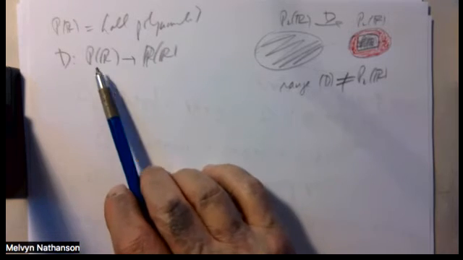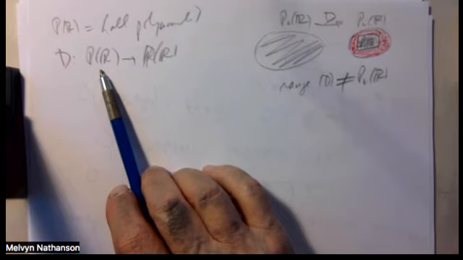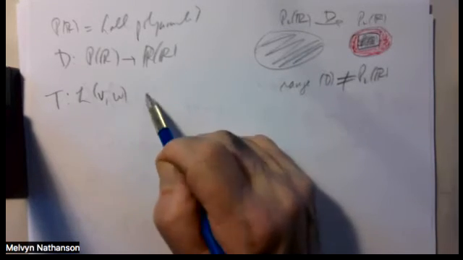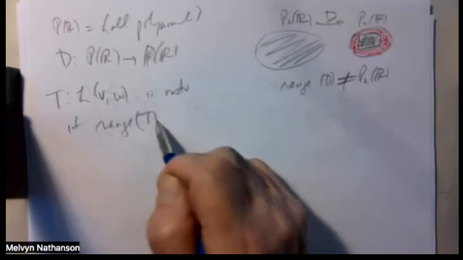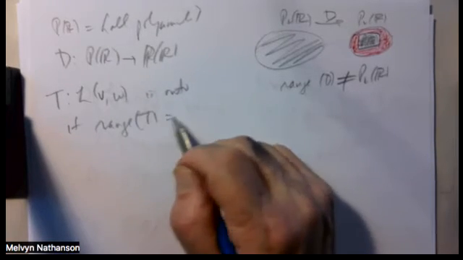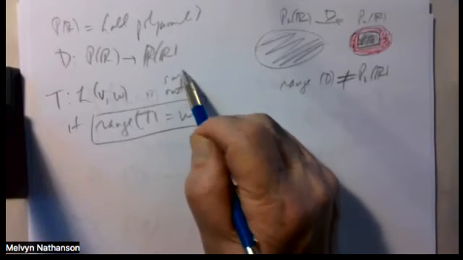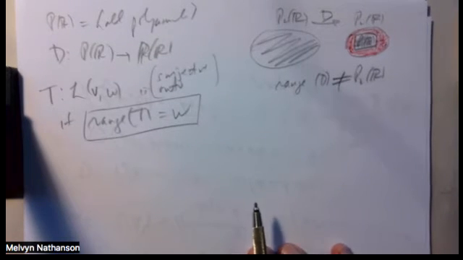If you have a polynomial of degree n, it's always the derivative of a polynomial of degree n plus 1. And we say that a linear map T from V to W is onto if the range of T is not a subset of W, it's all of W. So onto or surjective. Those are two words that are synonyms.